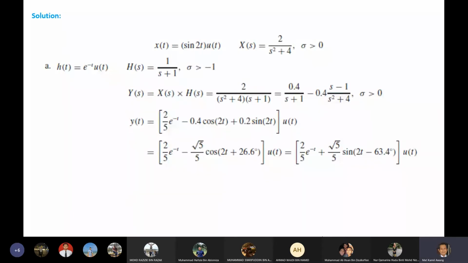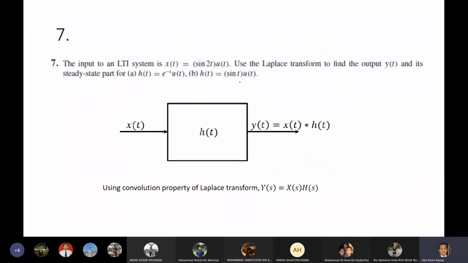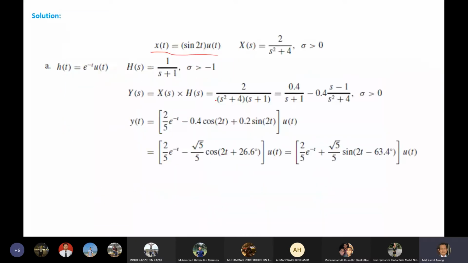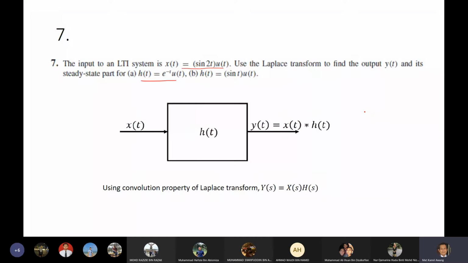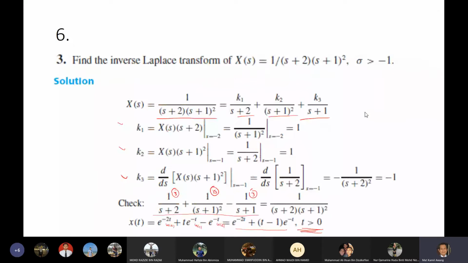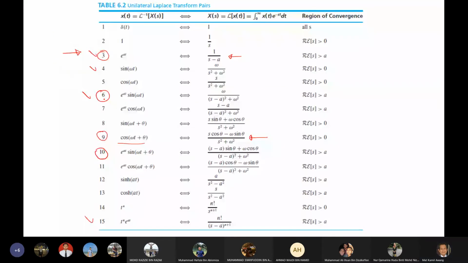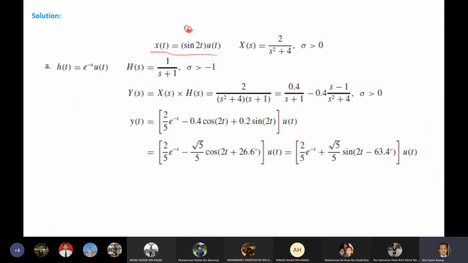So x(t) is sin 2t u(t) just now. This is given, and h(t) is given for part A. From the table, you have to go to the table. The sine is number 4, table 6.2.